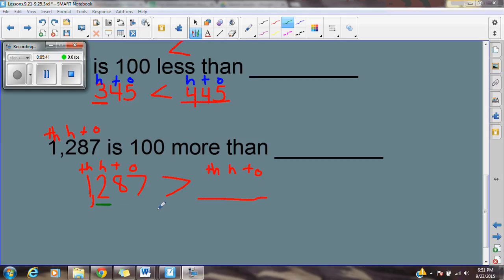So 1,287 has to be a number that this is greater than. So 200s is 100 greater than 100s. So that's what I'm going to fill in the 100s spot, because it says that it is 100 more. 200s is more than 100s. So I'm going to use that to fill it in. Now my sentence makes sense. 1,287 is greater than 1,187. And that's more or less than.